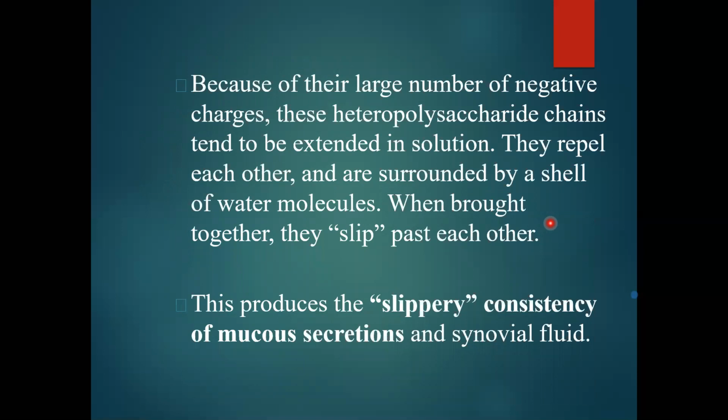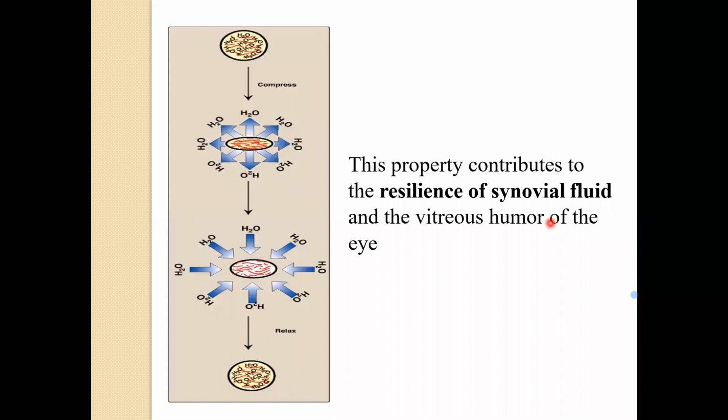They repel each other and are surrounded by a shell of water molecules. When brought together, they slip past each other. This produces the slippery consistency of synovial fluid and mucus secretion. This is due mostly to the mucopolysaccharides. The property contributes to the resilience of the synovial fluid and the vitreous humor of the eye.